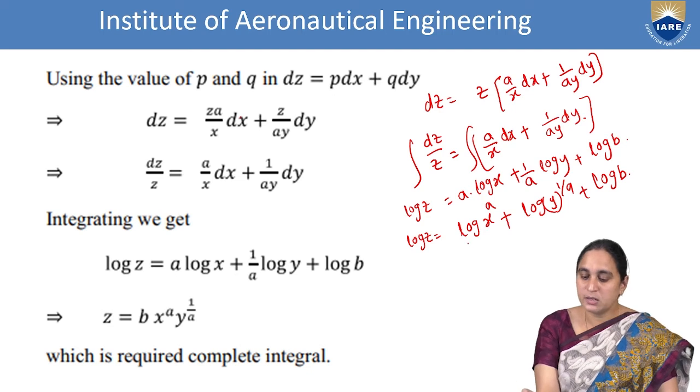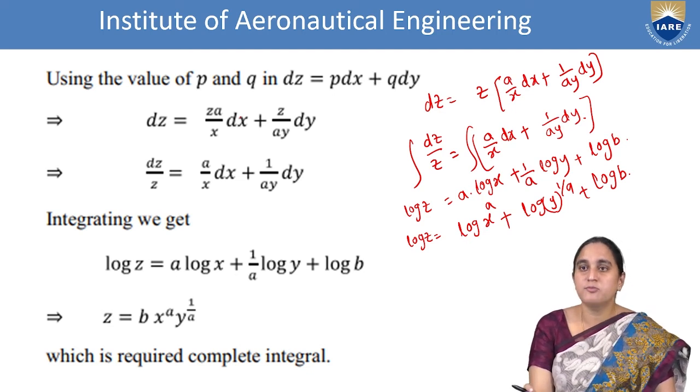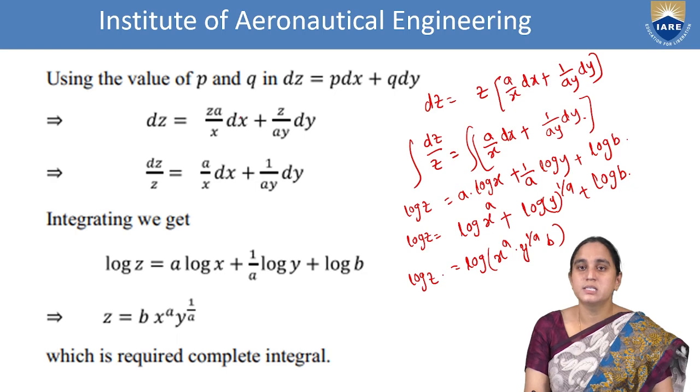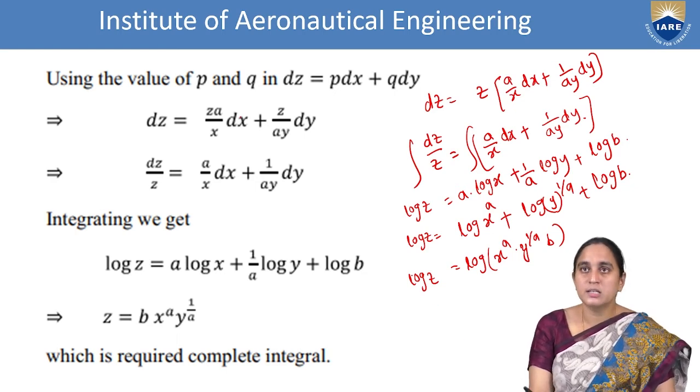After writing with the logarithmic formula, which is in the form of log a plus log b plus log c, that is log of abc, x power a, y power 1 by a, into b, that is equal to log z. Therefore, both sides logarithmic cancel.